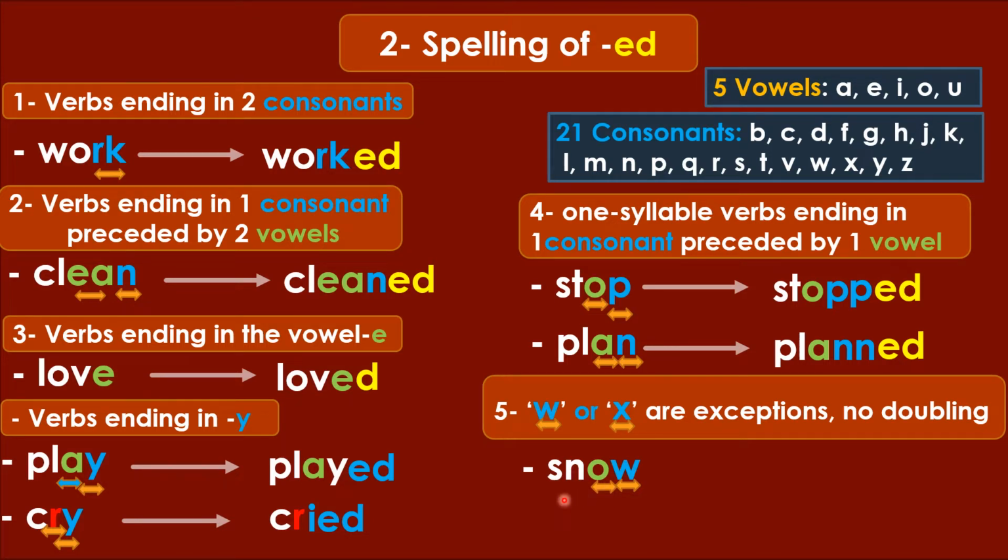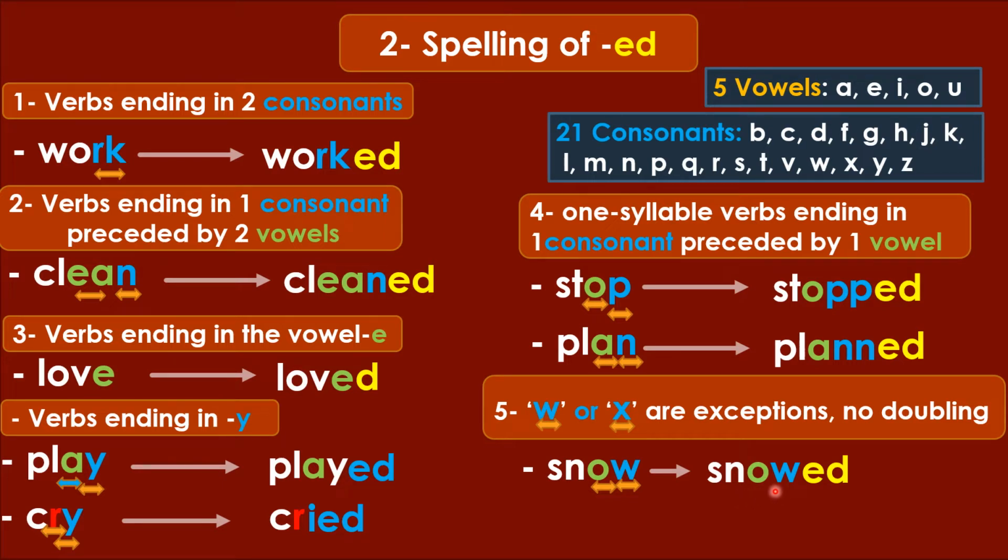According to our rule, we're supposed to double the W, but we're not going to do this, and I'm going to tell you why. So snow, we're just going to add ED. We're not going to double the W.